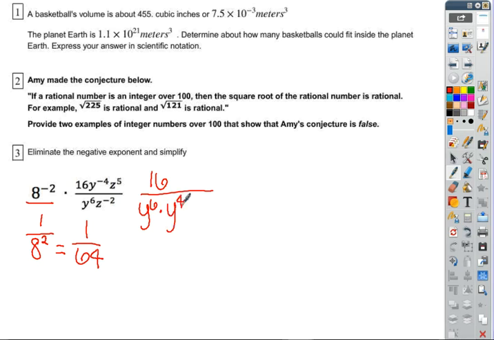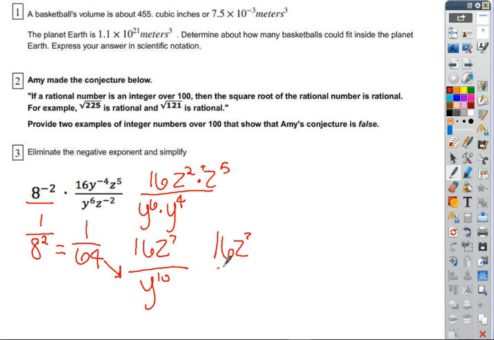And then for z to the negative second, that's also equivalent to z to the 2nd above it, and then times z to the 5th. So then you have 16 z to the 7th, because for exponents you just add them, over y to the 10th. And then you're multiplying these two together, so you get 16 z to the 7th over 64 y to the 10th.